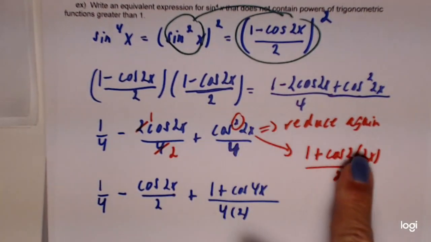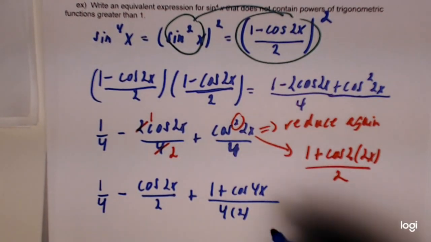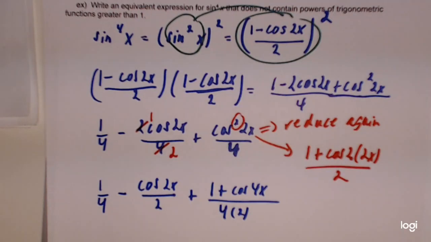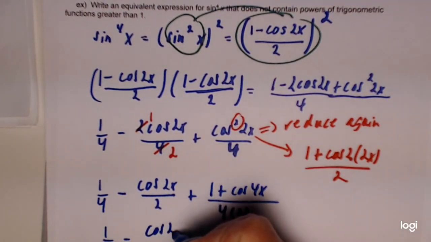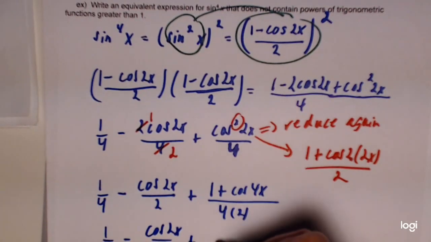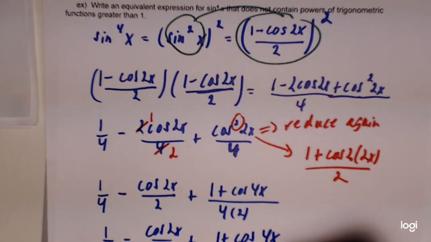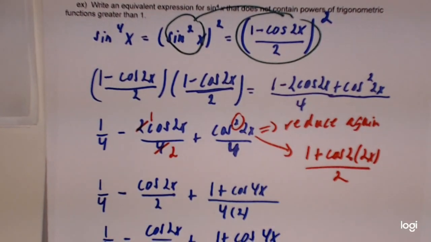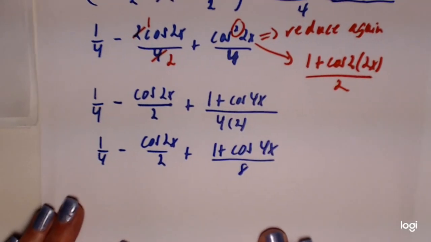When we replace this by this, now we have the 4 and the 2 in the denominator. So this now will be 8. So we have 1 over 4 minus cosine 2x over 2 plus 1 plus cosine 4x all over 8. Oh, I got to remember to look up at the screen so I don't lose the paper.